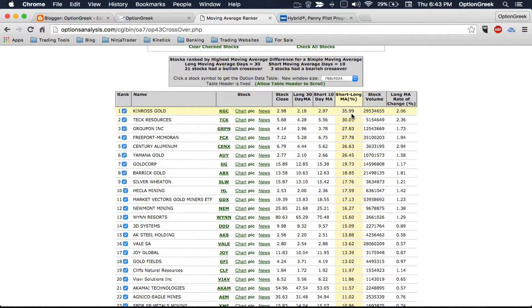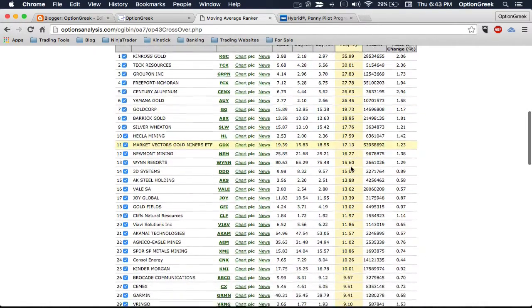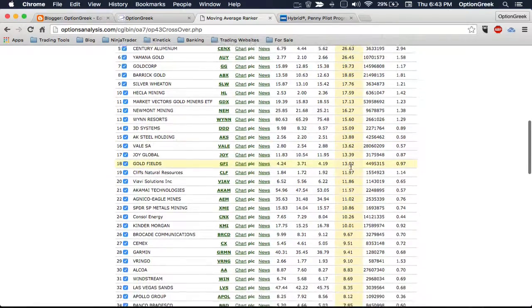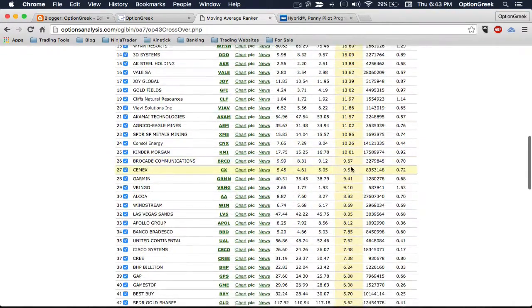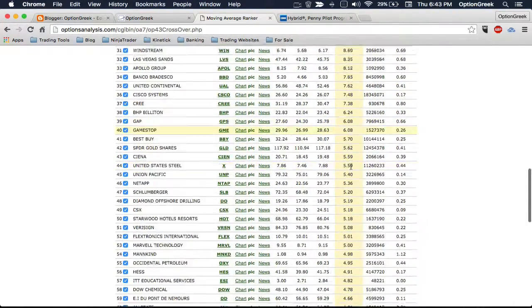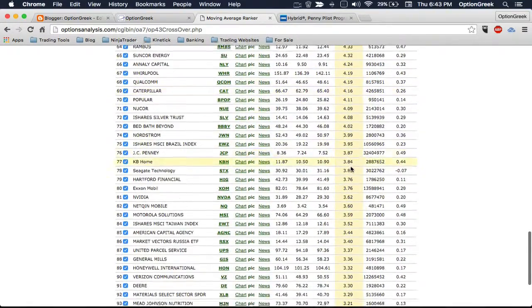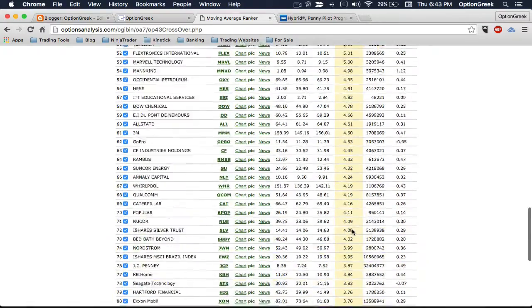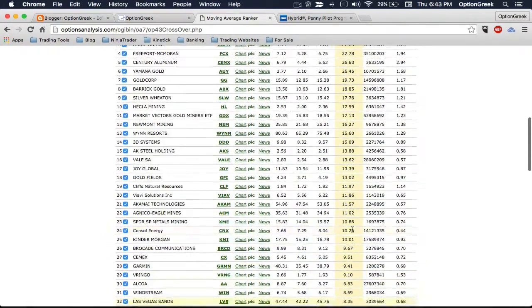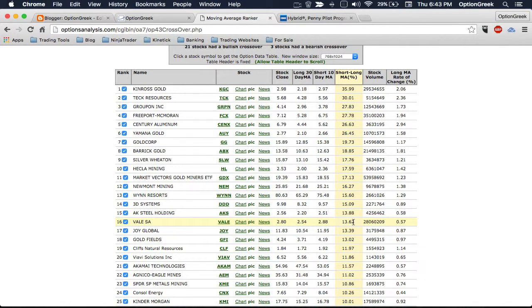So the 10 and the 30, if you could imagine it, are starting to spread apart. That percentage is ranked in descending order. As we go down the list, the difference in the moving averages gets less and less, until you get down to such a small percentage where they're essentially not moving away from each other. I think it stops here at around 3%.